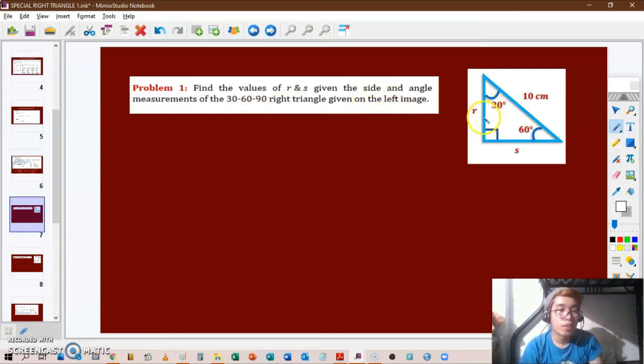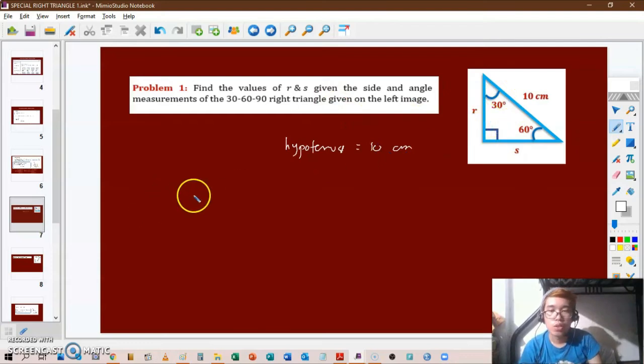We want to find the measurements of R and S. We're only given the hypotenuse, which is equal to 10 centimeters. The 30-degree angle is here, and we have here 10 centimeters; this is 60 degrees, 30 degrees, and 90 degrees.